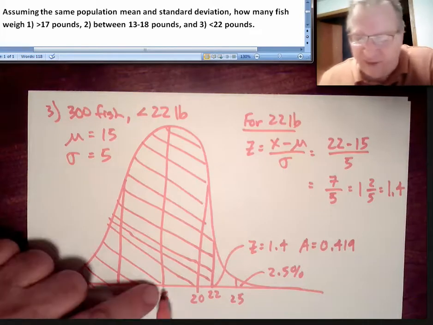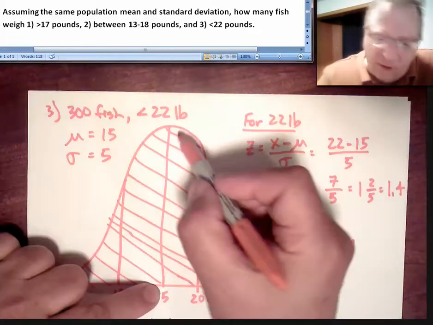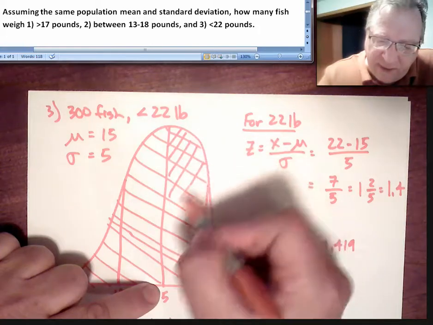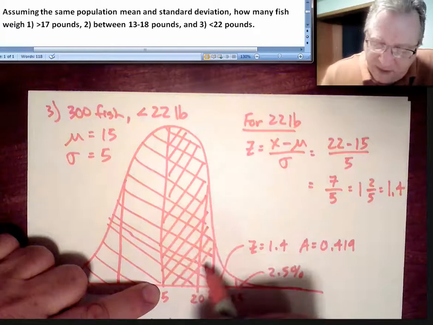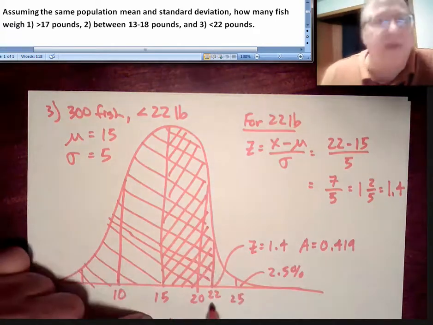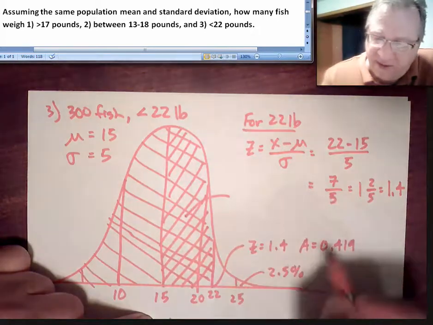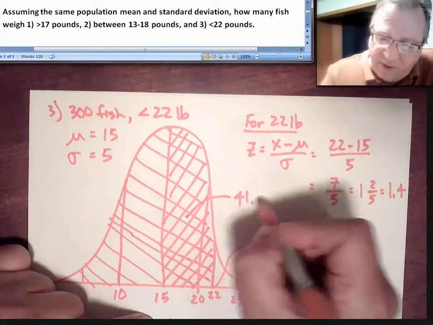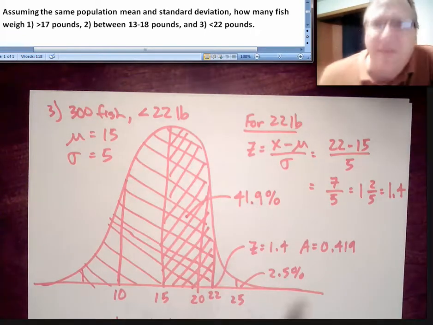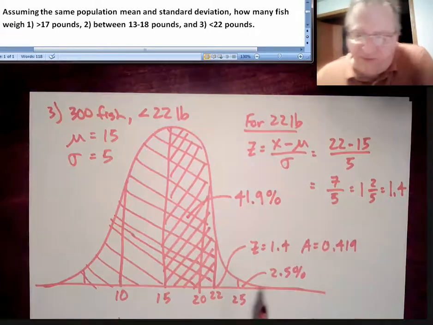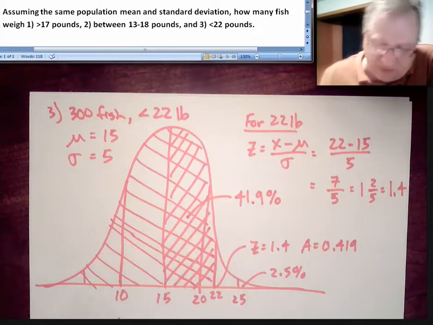It's the area between the mean and the value of interest. So where we get double hatching here is that area between the mean and 22, and we're told that this area is 41.9%. Well, that makes sense. Everything to the right would be 0.5, and yeah, looks like we're going to lose maybe 10% or 8%. Yep.